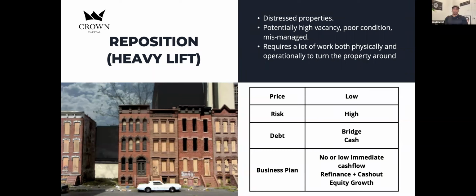Yeah, correct. That's good, because it deals with the next one, because you can do value add and make all those improvements. I'll speak to it more in the repositions, but if you can't change the client base and actually get the renters that you want in there, you technically have not changed the class. You just made improvements, but you're still getting that same rental class in.